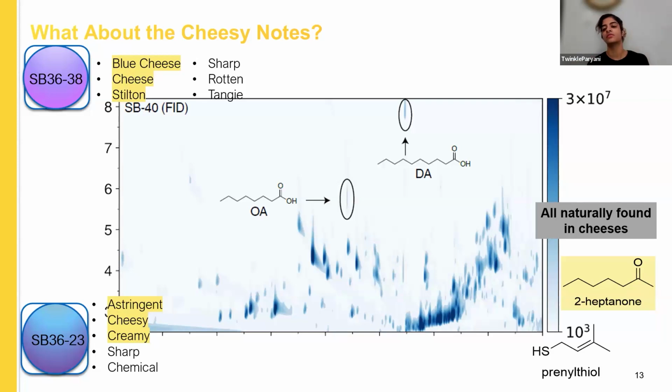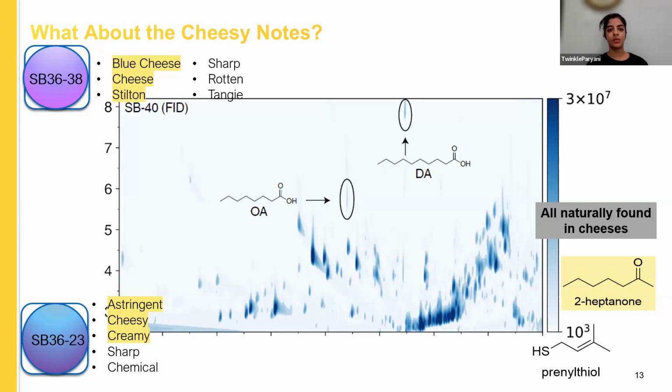I've smelled it when I smelled cheese, so it smells like a good cheese thing to me. Exactly. And so we found octanoic and decanoic acid in one of the samples that was described as cheesy. Unfortunately, the chromatography doesn't really allow for us to quantitate that. So we were able to confirm them, but not accurately quantitate them, which is fine for the time being.